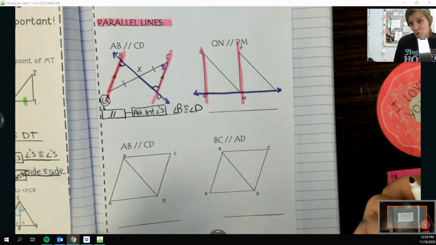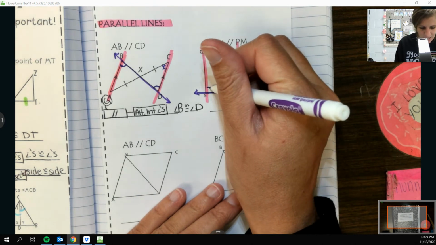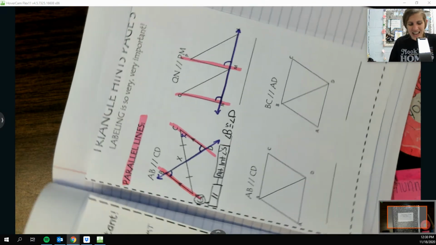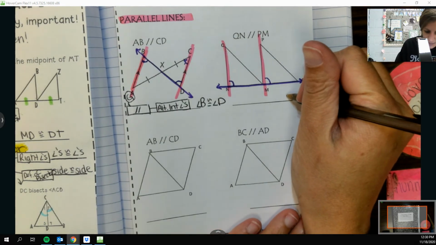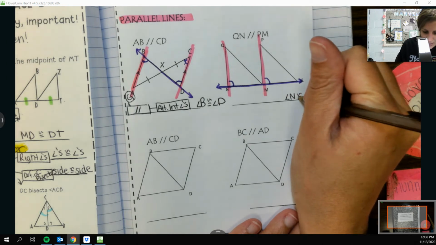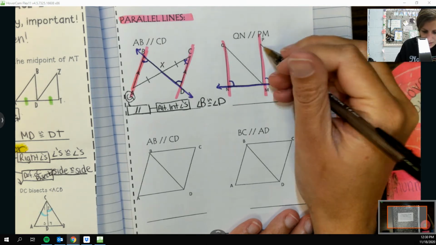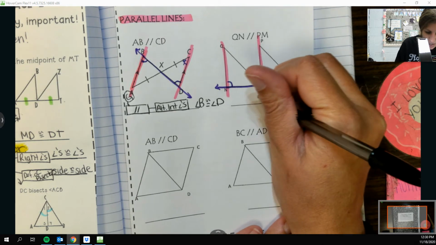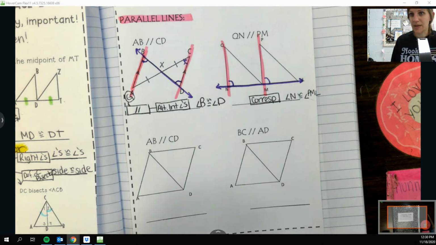And that's cool. It actually works out really nicely because on our parallel lines, I get this angle here and that angle there, which is a pair of corresponding angles. And corresponding angles are congruent. So I could say angle N is congruent to angle, really I should call it PML, because there's lots of angles at M. And I would know that those are congruent because they are corresponding angles, and corresponding angles are congruent.